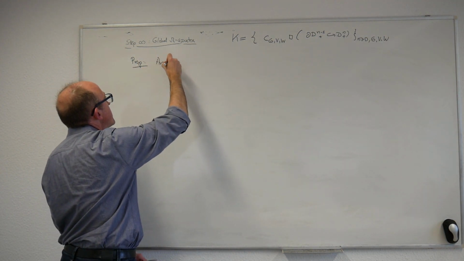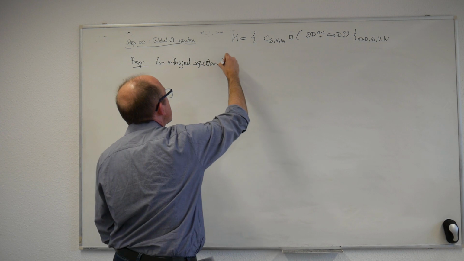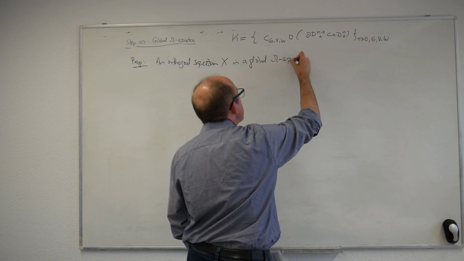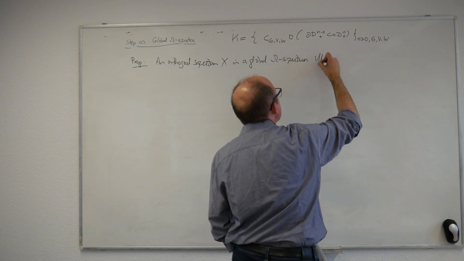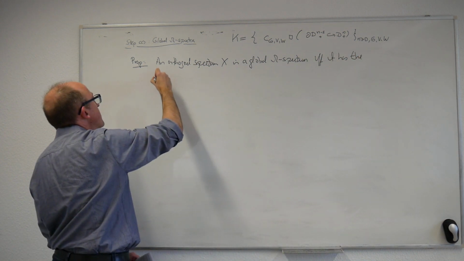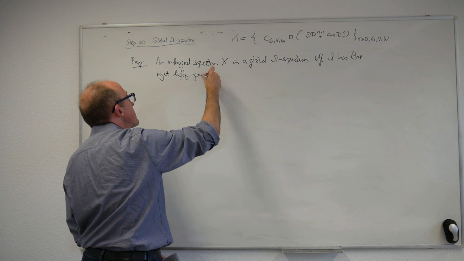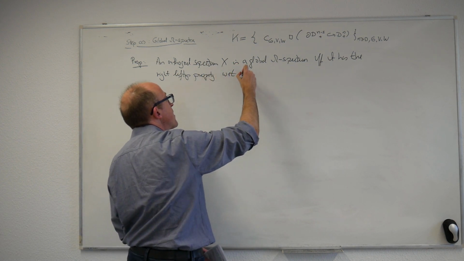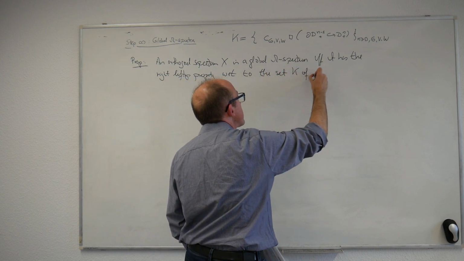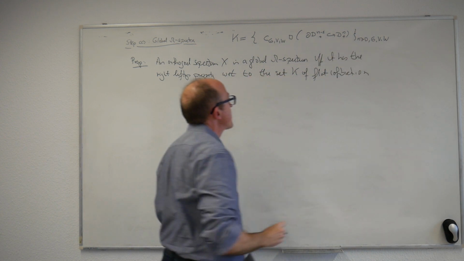An orthogonal spectrum X is a global omega spectrum if and only if it has the right lifting property with respect to the set of flat cofibrations K. So I explained a little bit earlier that these are all flat cofibrations.